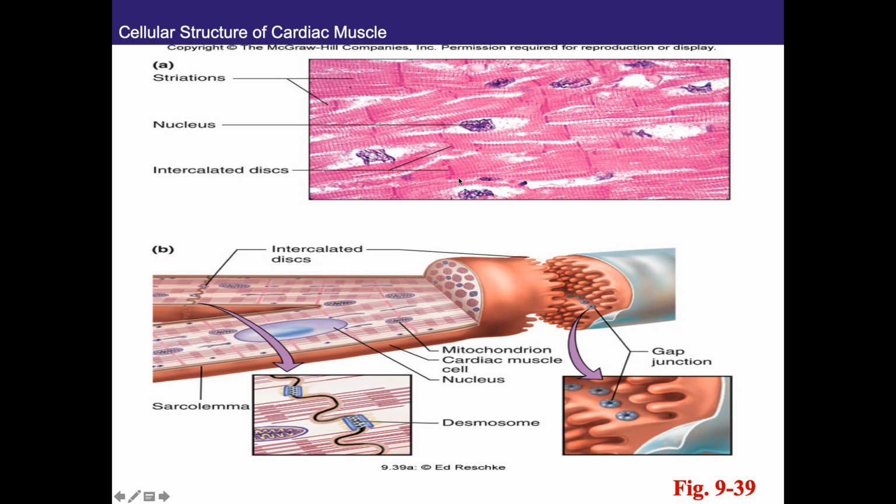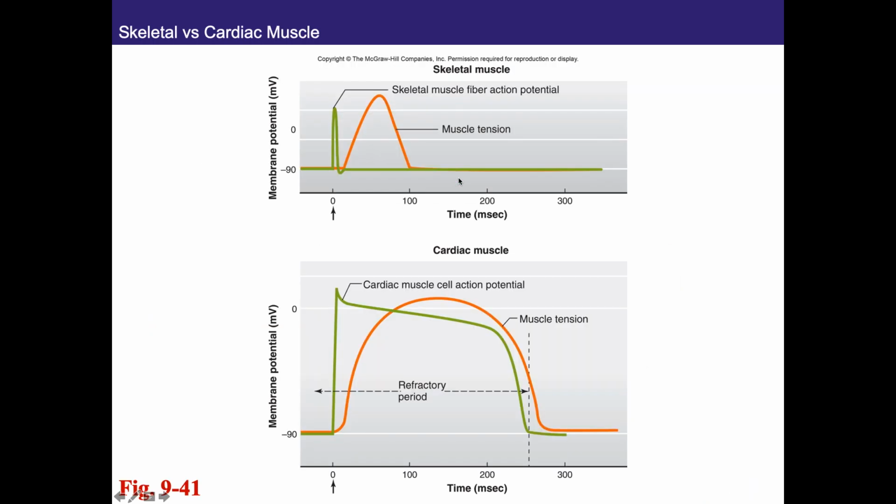Now, I think this is really interesting. Let's take a look at the action potentials and the contraction. Action potentials in skeletal muscle, as we already know, are only about 5 milliseconds in duration. So you get the action potential first, a little bit of a lag time to allow for calcium to flood into the intracellular space, to bind to troponin, move the tropomyosin, and then the crossbridge cycling.